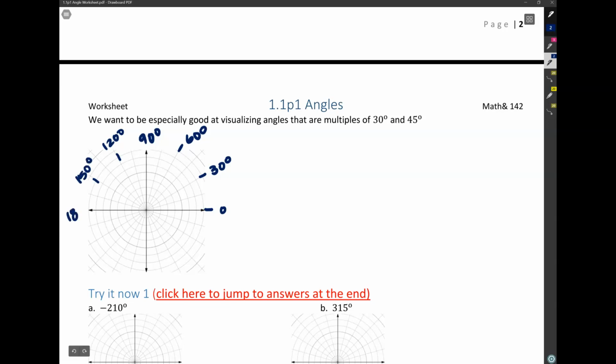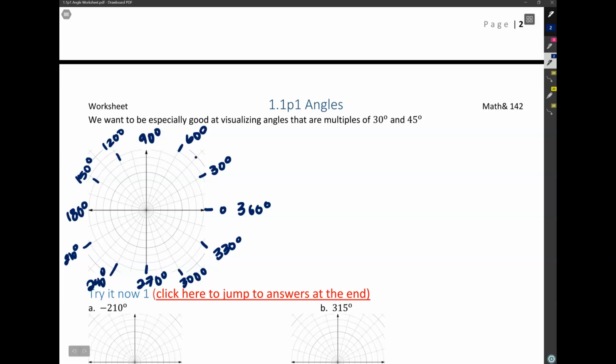And then 180, hopefully, is a really easy reference point for us. 180 plus 30 is 210. 210 plus 30 is 240. 270. 300. And then 330 and 360. Okay, so we should be really trying to get good at being able to count those out.